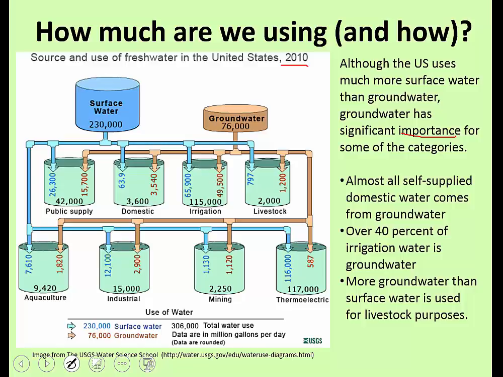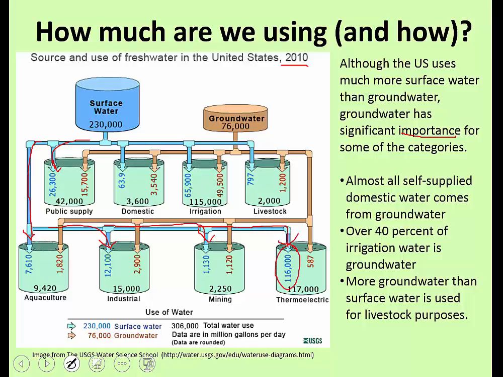So we can see here public supplies, aquaculture, so using it for some crops and things like that. Industrial use is another large use of surface water. Okay, mining actually uses quite a bit of water.